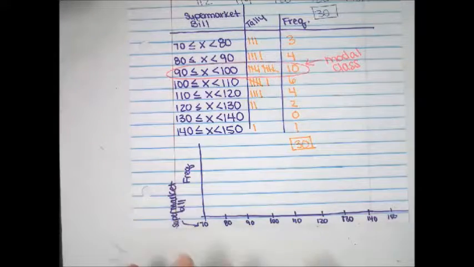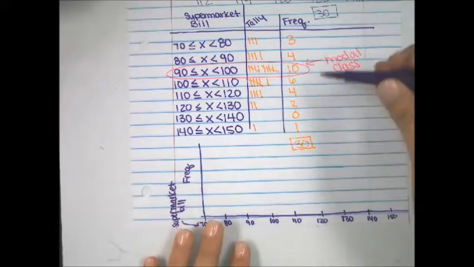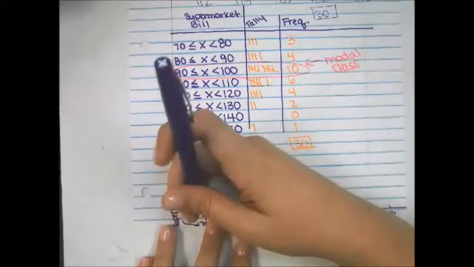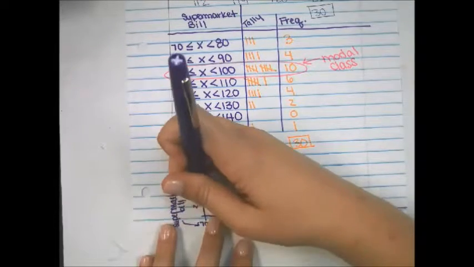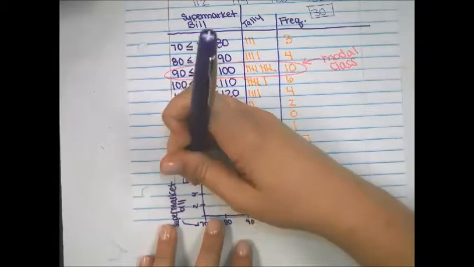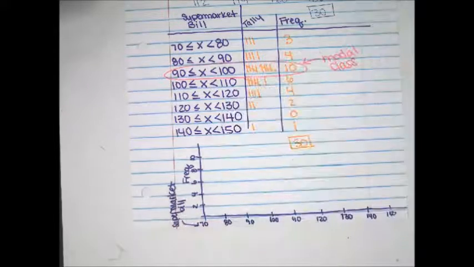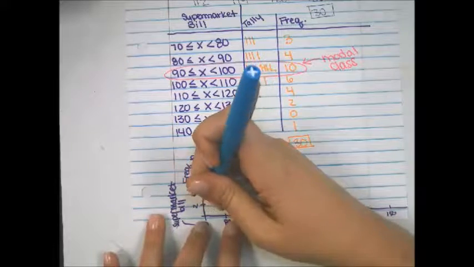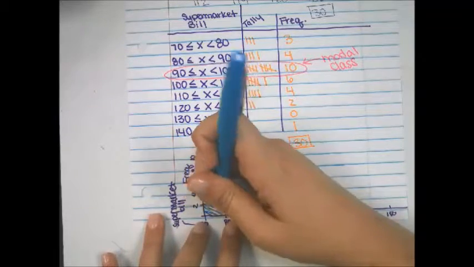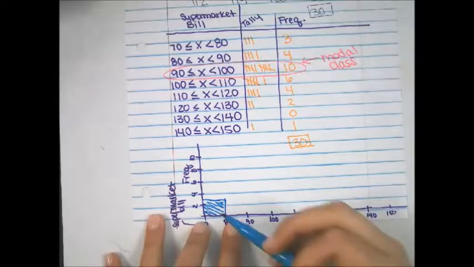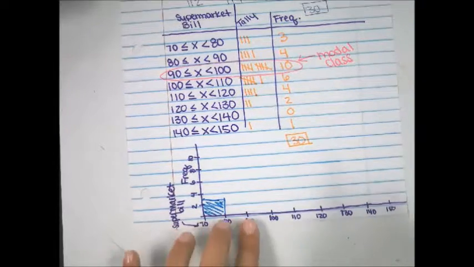Our vertical axis is going to be our frequency. My frequency needs to get up to 10. That was the most occurring, so let's count by twos. And we can record this data visually. So between 70 and 80, we had 3.